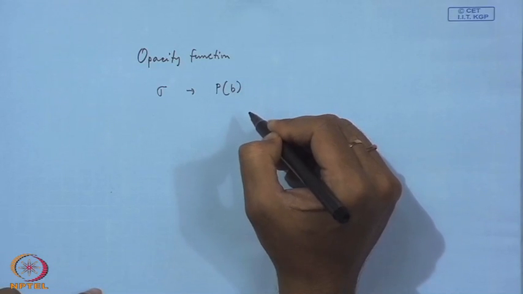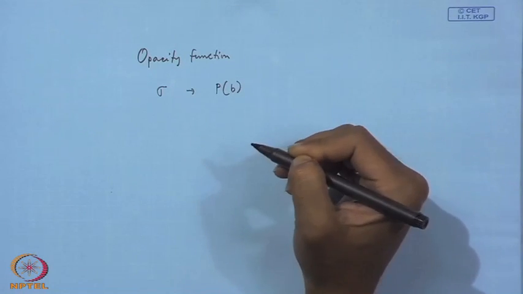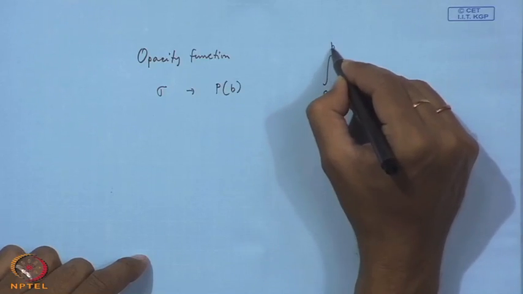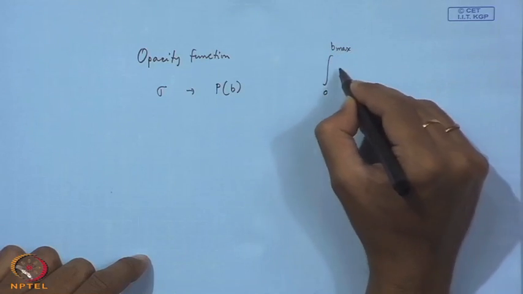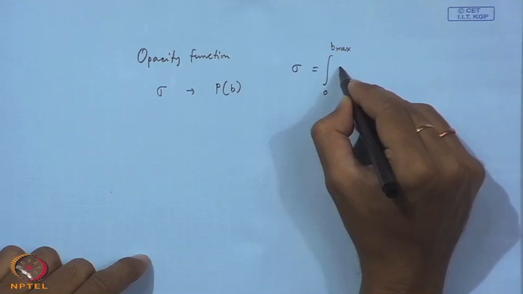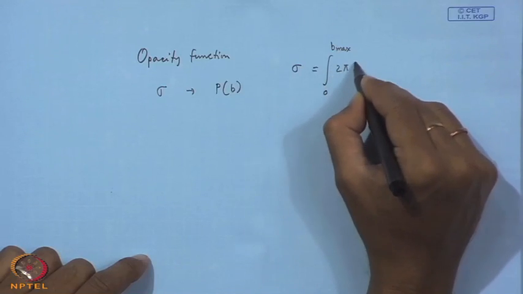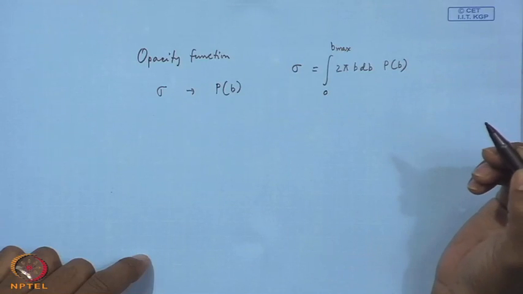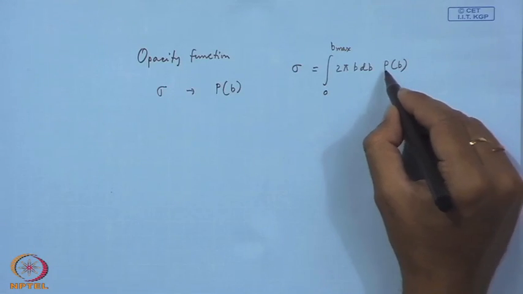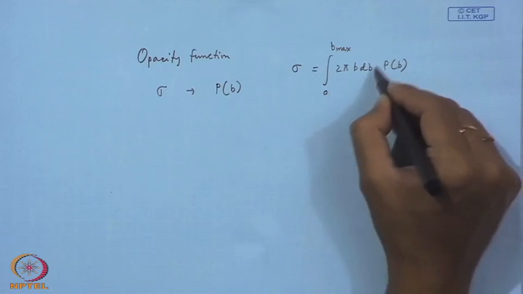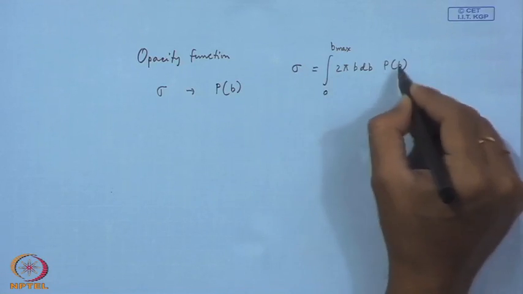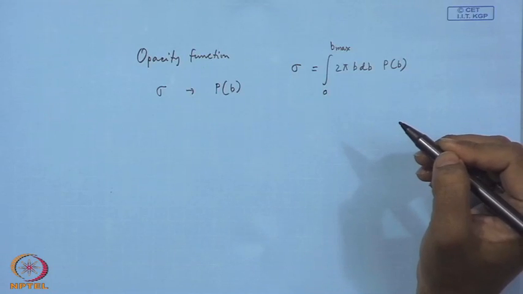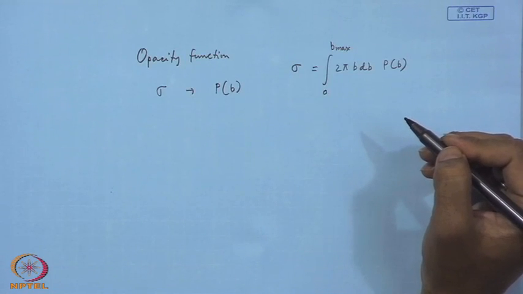But it determines its B weighted value. Basically it is an integration from 0 to B max of 2 pi B dB into Pb. Since P is dependent on B, when you determine this, you will be getting the B weighted magnitude.